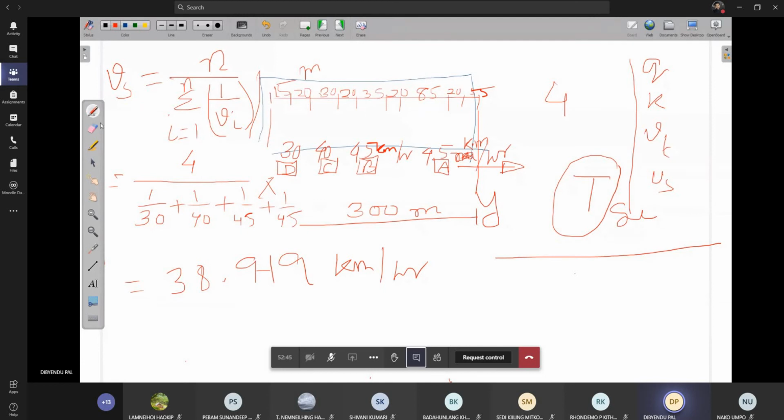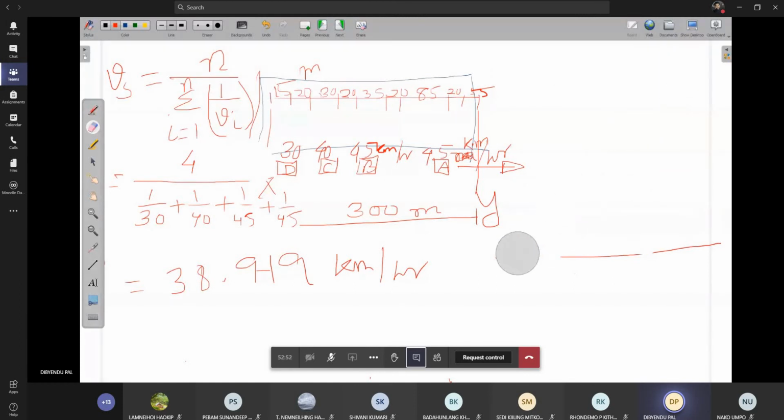I'll show you how to calculate the space mean speed in this case, which I have not discussed earlier. So the space mean speed, US or VS, whatever you want to write, is equal to n divided by the summation of 1 upon u_i.